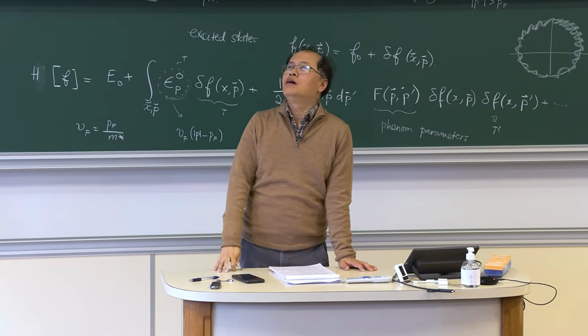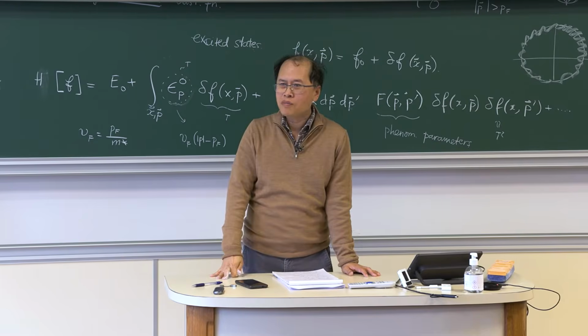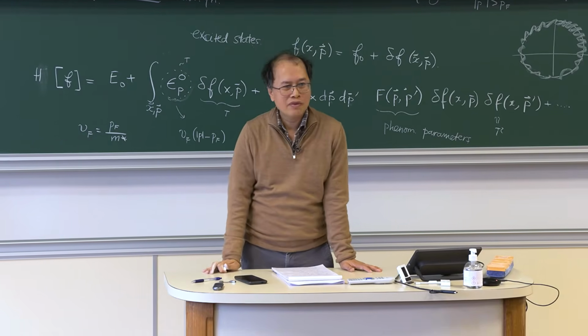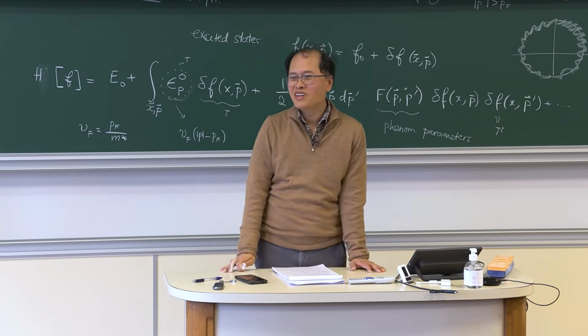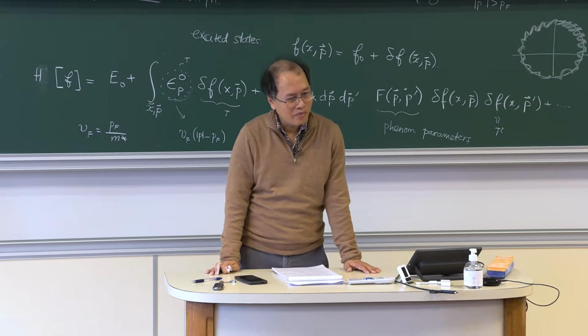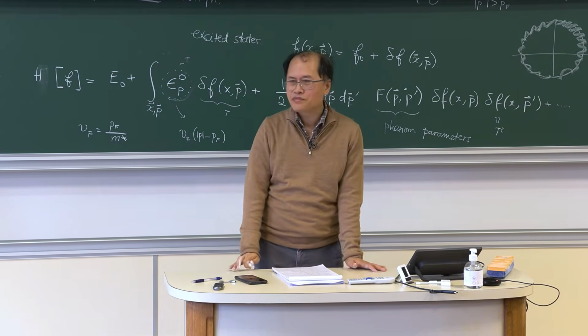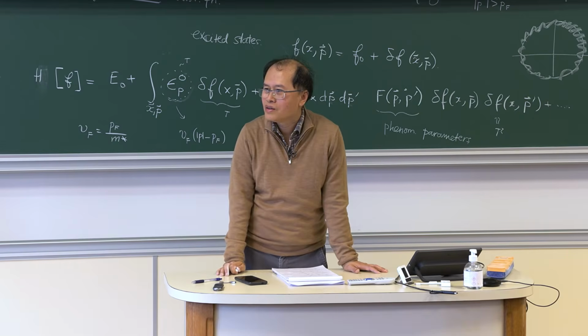I think there must be a way to include the spin-orbit coupling in Landau's Fermi liquid theory, but I have not searched the literature for that. Another thing is that there's an f for spin up and an f for spin down, and they're not talking to each other.